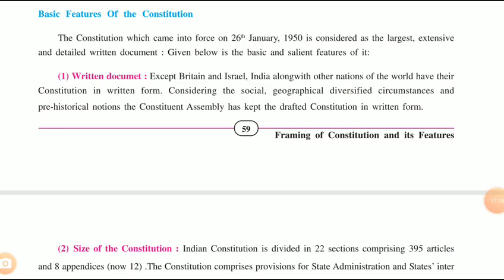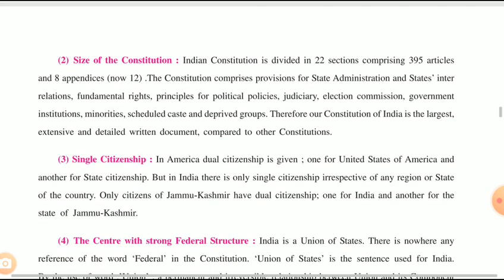Now we will study the basic features of our constitution. Our constitution is well formed and well organized. We come to know that it is a written legal document that includes different rules and regulations in a well organized and well mannered form. Second is the size of the constitution.